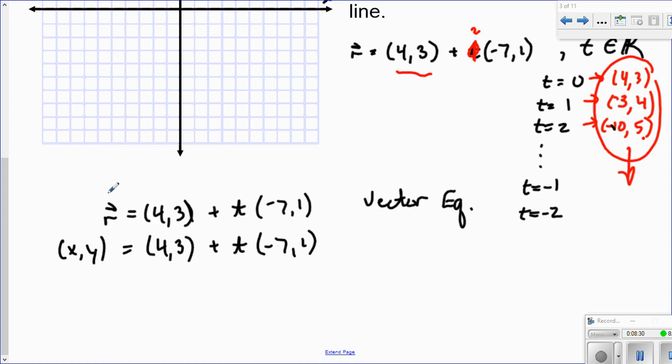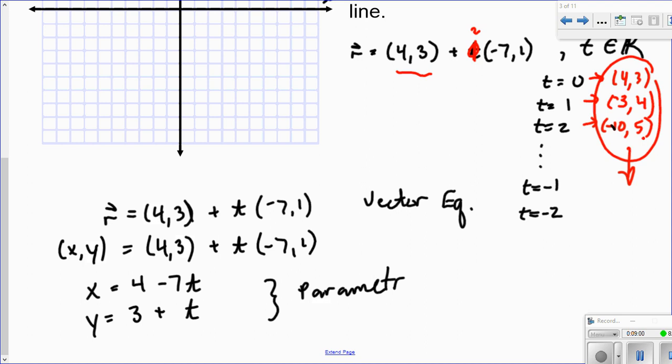Rather than using our vector r, we could just write (x, y). And if I expanded, x equals 4 minus 7t, and y equals 3 plus t. Hopefully you can see how I got the 7. I just multiplied the t into this direction vector, so I would have -7t in my x component, and I'd have a plus t, or 1t, in my y component. Now these are parametric equations.